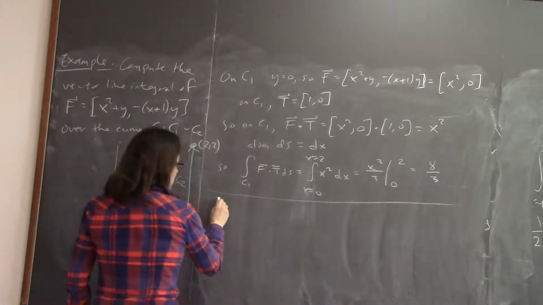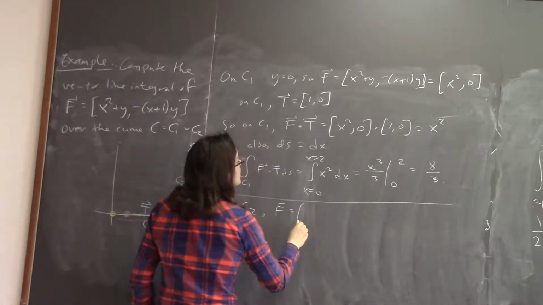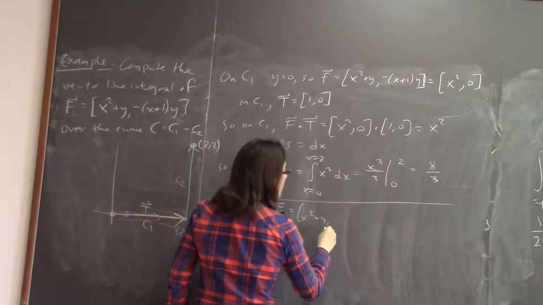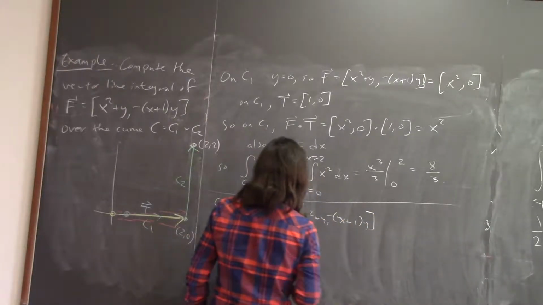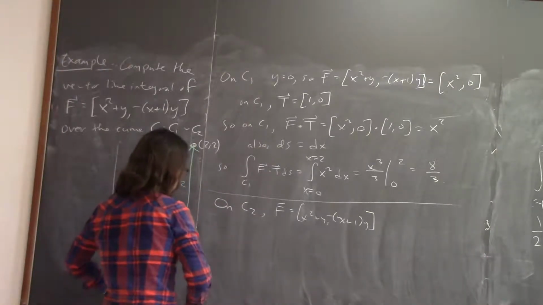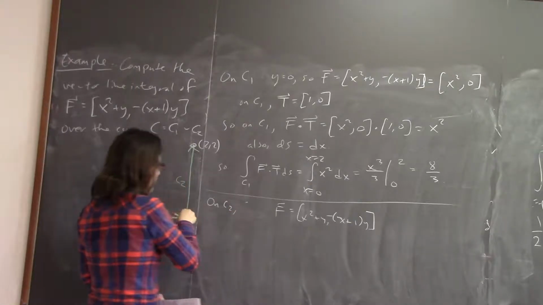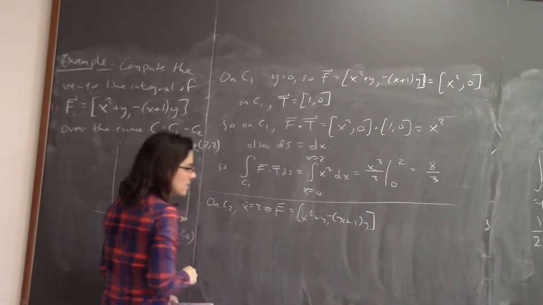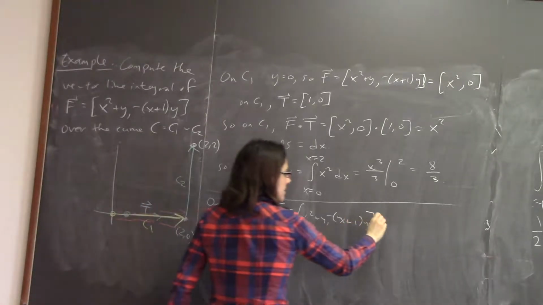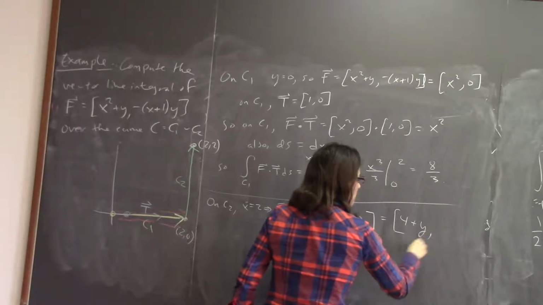How about C2? On C2, the vector field is x squared plus y, negative x plus 1 times y. On C2, this is just the line x equals 2, so we can just plug in 2 for x. So x squared plus y is 2 squared, which is 4, plus y.